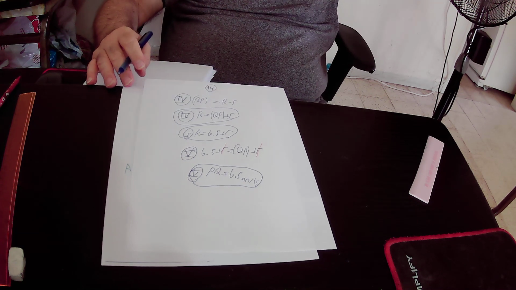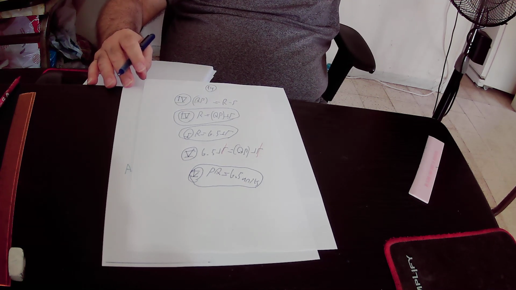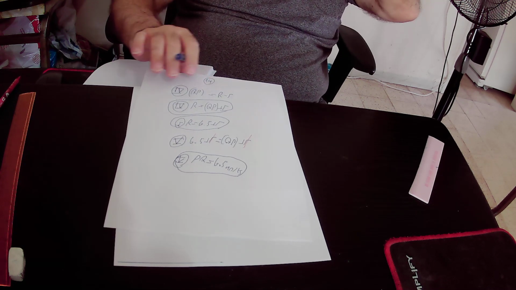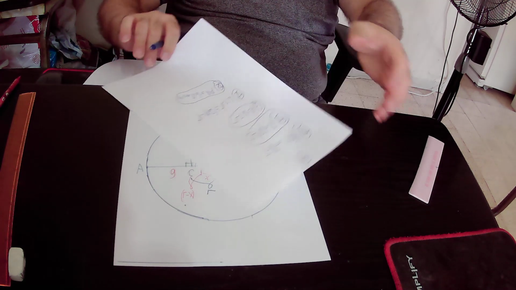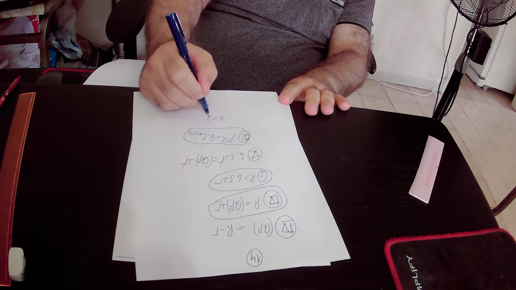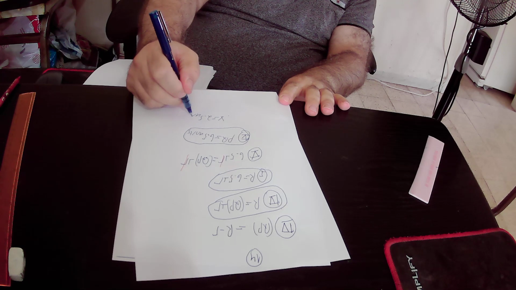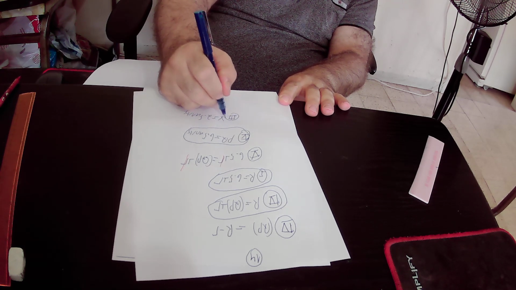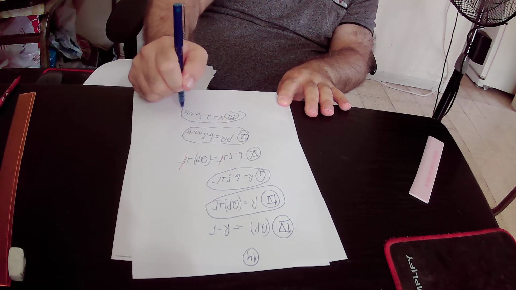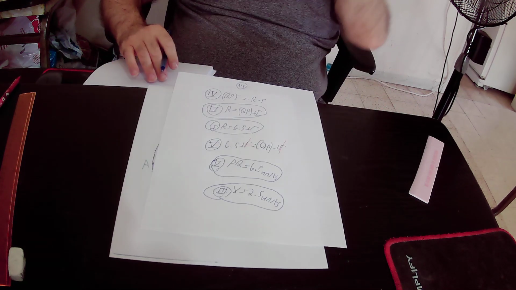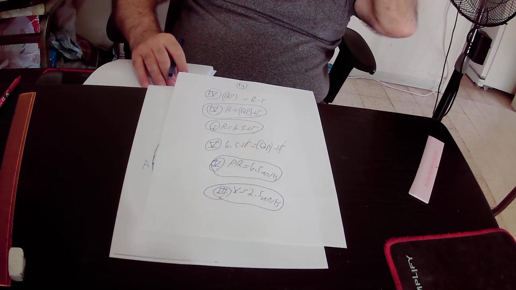PQ, that is the distance between the centers of those two circles, equals 6.5 units, and we have already found out that x equals 2.5 units. Okay, so we have the values of PQ and x.